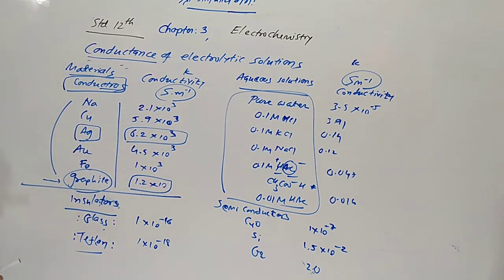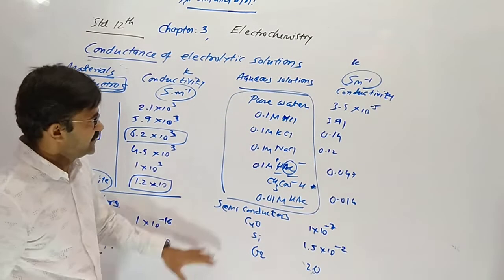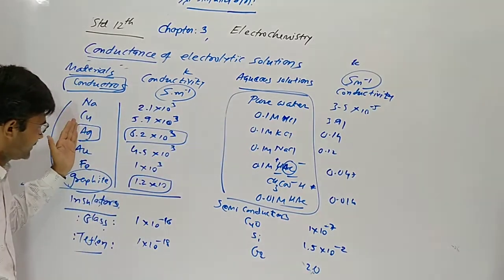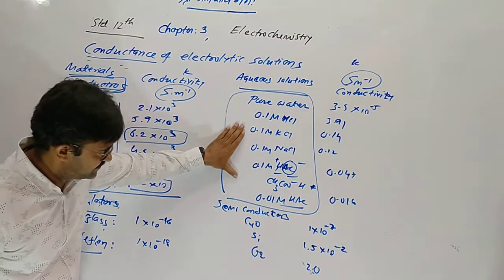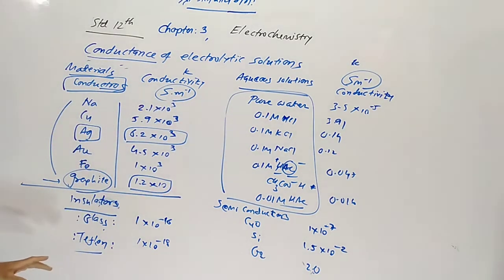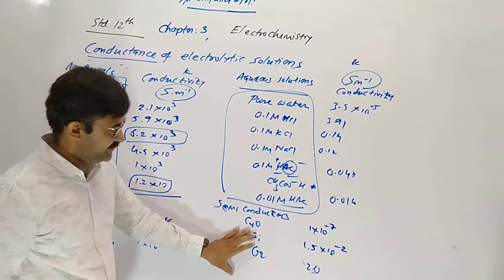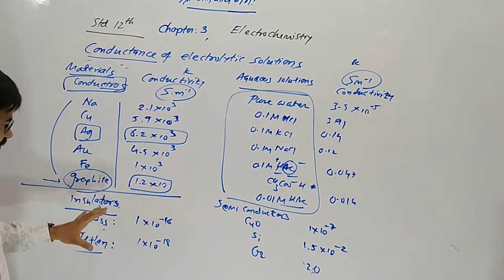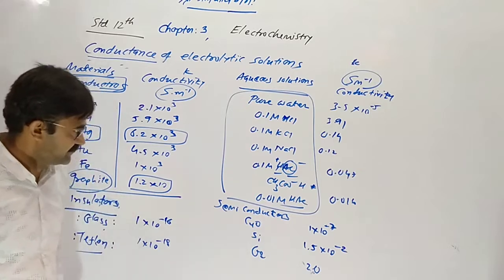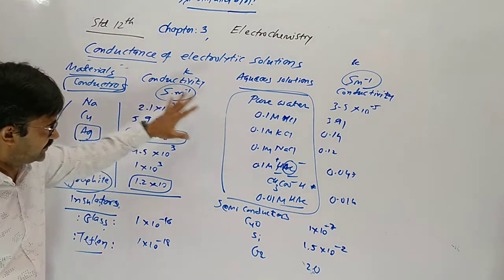You can see in the table, metals have the highest conductivity, insulators have very less, negligible conductivity, aqueous solutions have less conductivity than metals, semiconductors have conductivity more than insulators but less than conductors.